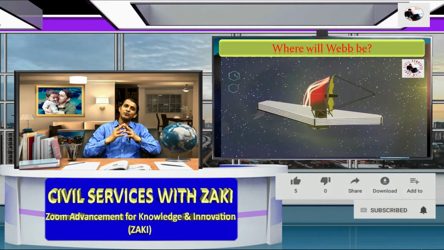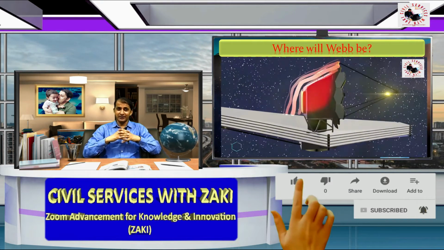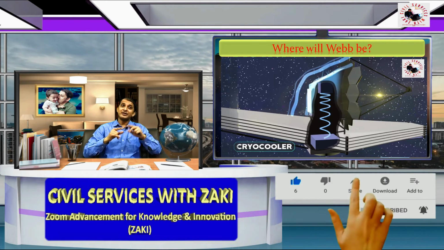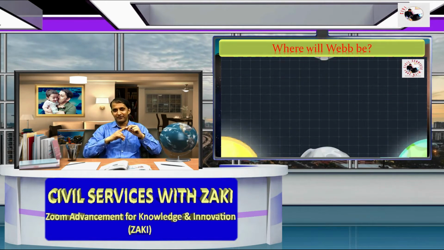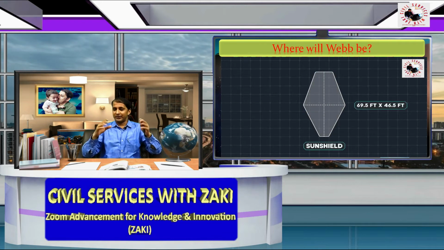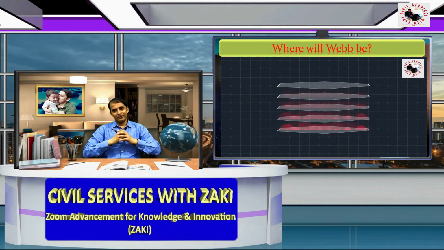So what is the L2 point, what are the L1, L3, L4 and L5 points? We discussed all this in an earlier video, if you remember, and if you want to know more about L1, L2 and L3, then see my previous video.